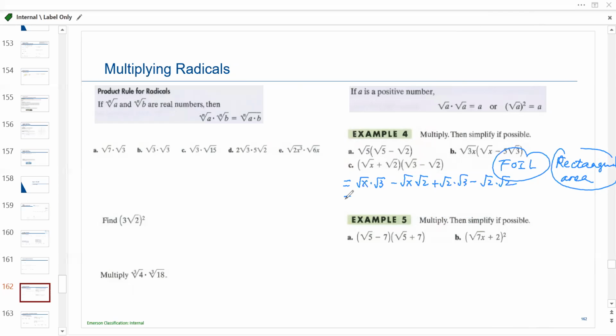So right now we simplified. Here it became 3x. What about this one? Square root 2x. What about this one? Square root 6. What about this one? 2. So you can get this part.